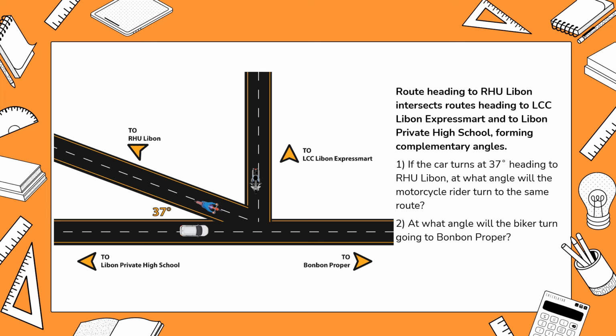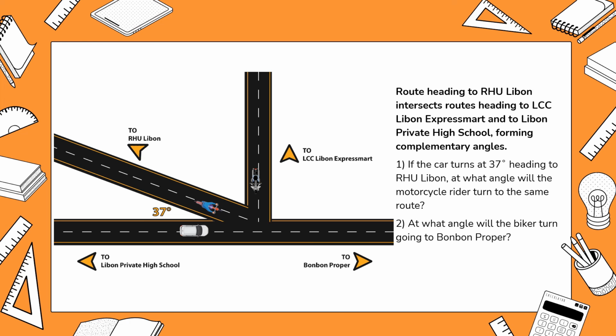Now, at what angle will the biker turn going to Bonbon proper? Anyone could solve the problem? Yes, that is correct. So 180 minus what?